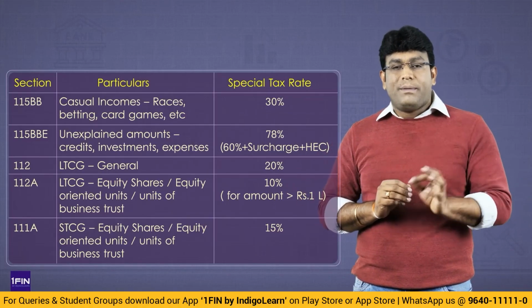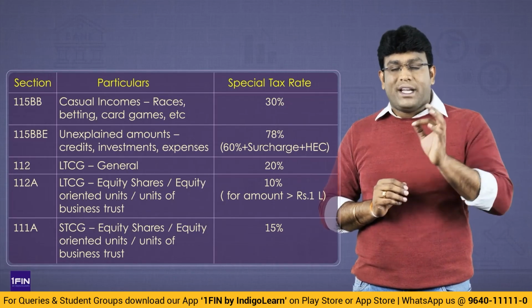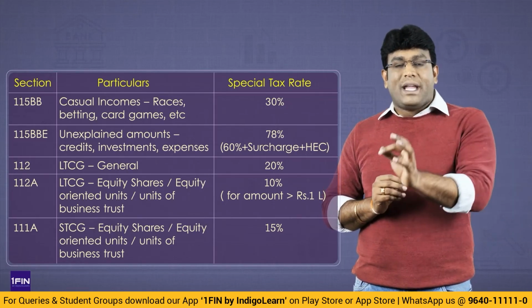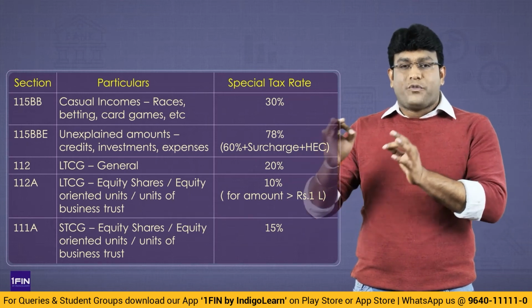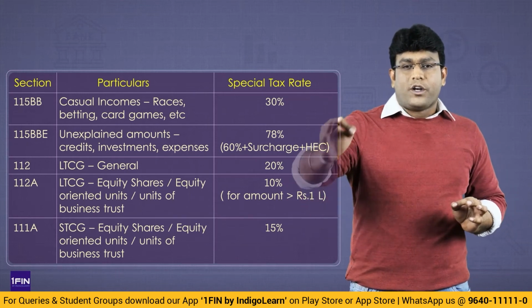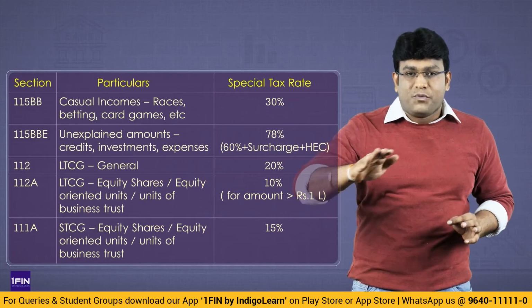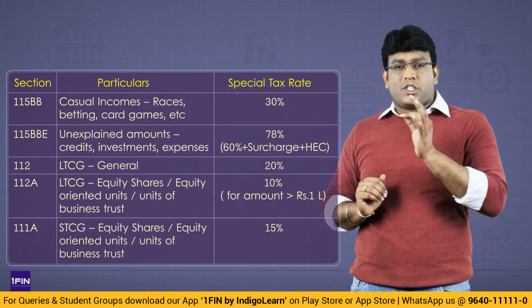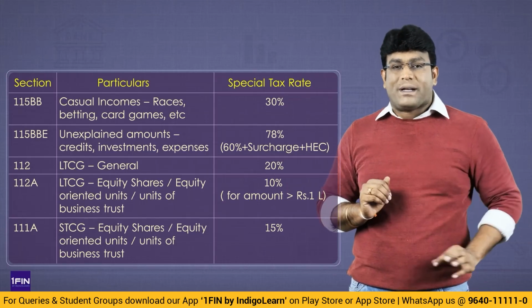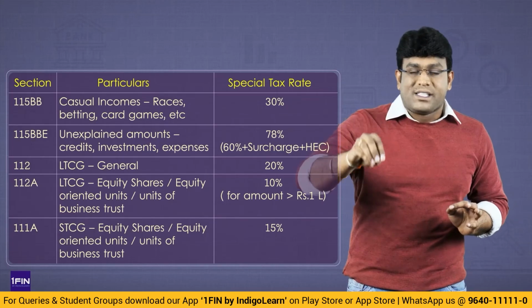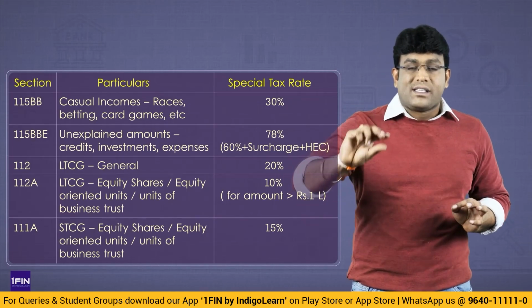What is 115BBE? In case of unexplained cash credit, unexplained expenditures, unexplained money, unexplained investments, investment not fully recorded, amount borrowed or repaid on hundi otherwise than through account payee cheque, the tax rate is flat 60% plus surcharge 25% plus HEC 4%. Effective rate is 78% because surcharge is a percentage on tax, HEC is a percentage on tax plus surcharge.